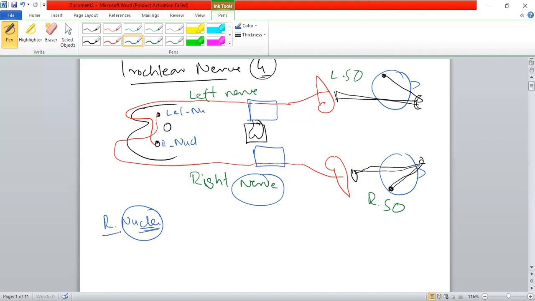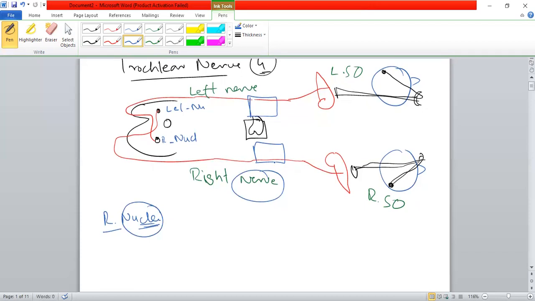If they are talking about the right nucleus, because you know that the nerve decussates here and after decussation it comes out, you have to make sure that the right nucleus is giving origin to the left nerve, and the left nucleus is giving origin to the right nerve. Okay. Now, I guess this problem is clear.